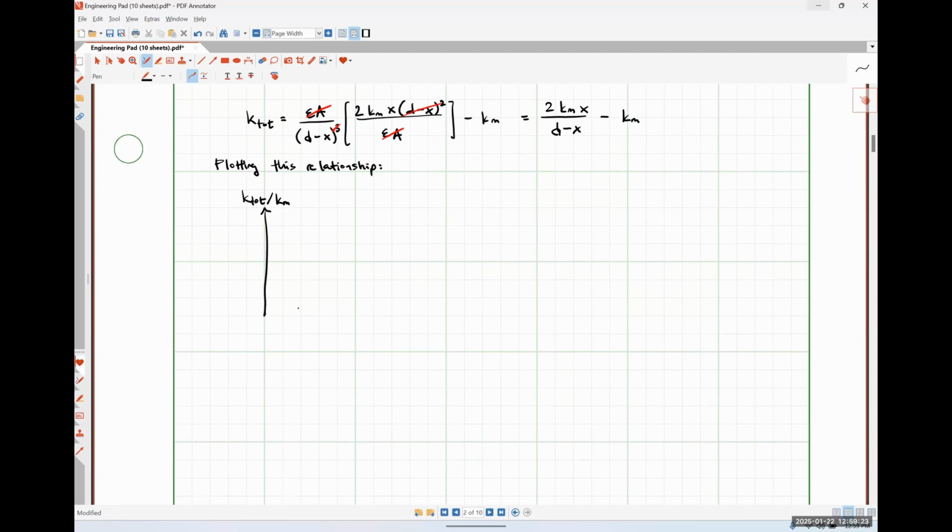And on the x-axis, we have a ratio of displacement over nominal gap distance. Okay.